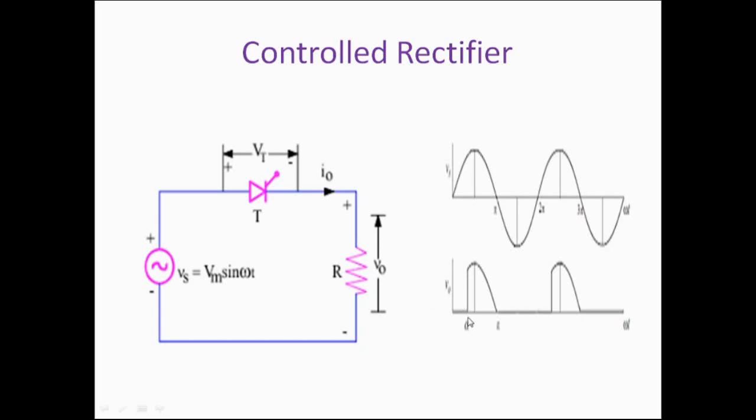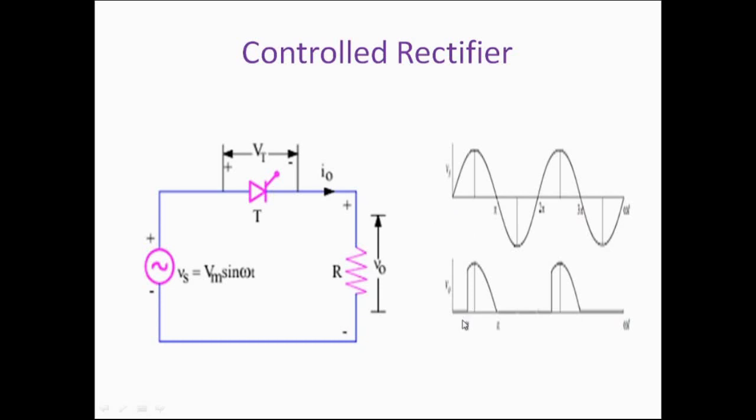Until this alpha, for example this may be 60 degree, we are not applying gate current. So the SCR remains in off state, acting like an open switch. So there is no connection between these two terminals, and the load is isolated from the source. The load will not receive any current or power from the source.